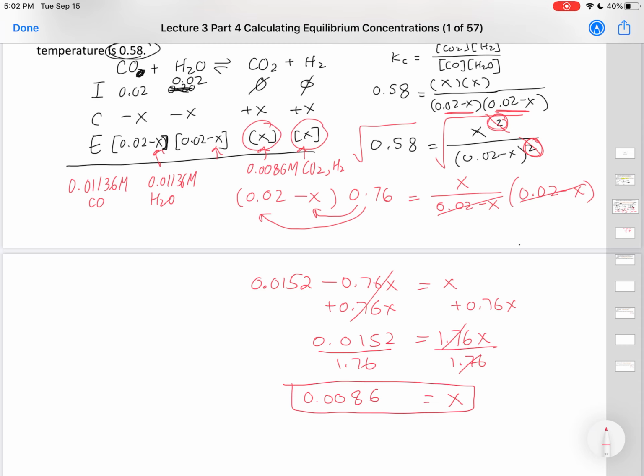Really, the book actually asks you for moles instead of molarity. So to convert back to moles, you need to multiply by your 50 liters across the board. Let me just do the math real quick.